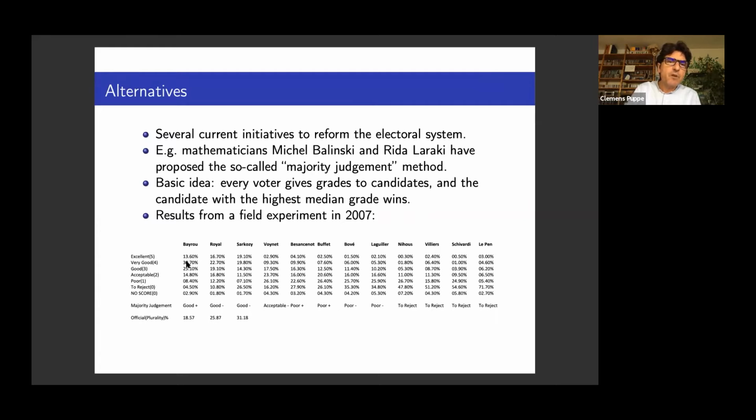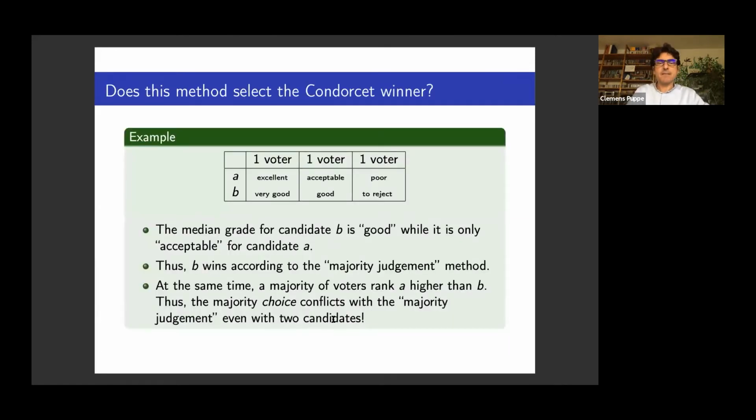But for Bayrou, you have 43, 44 even, say he is better than good, and only some 22, 26, 28% say he's worse than good. You get Bayrou as the unique winner, as it should have been. Well, you could argue as it should have been. You could also try to argue against.